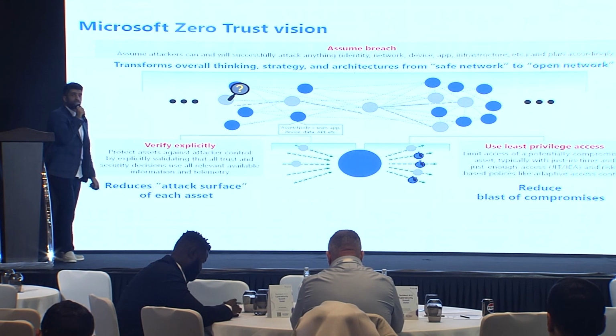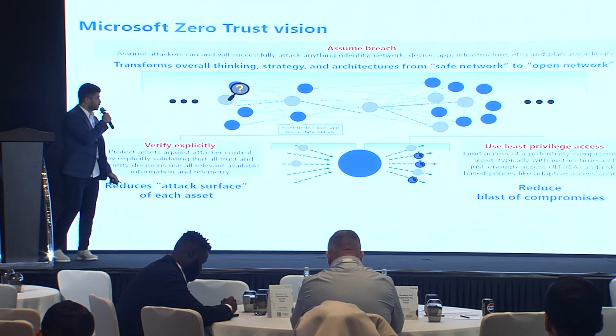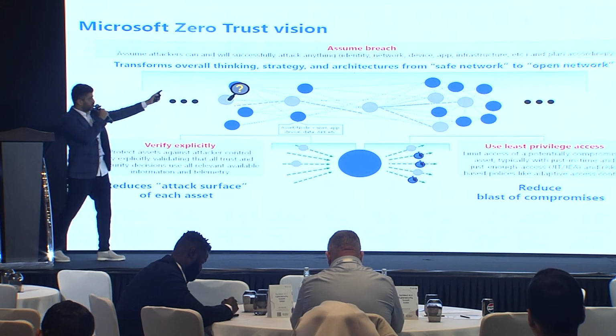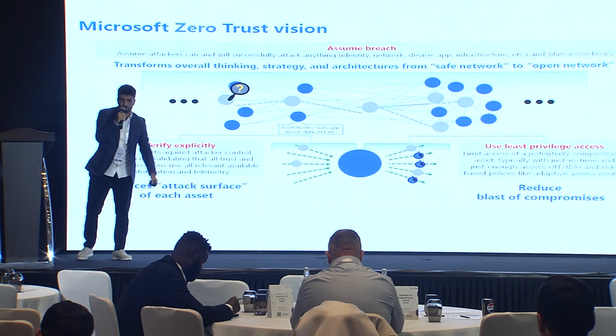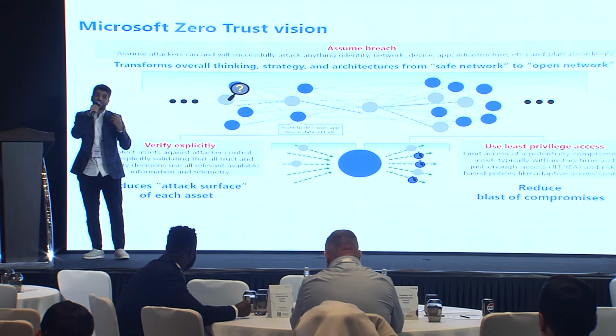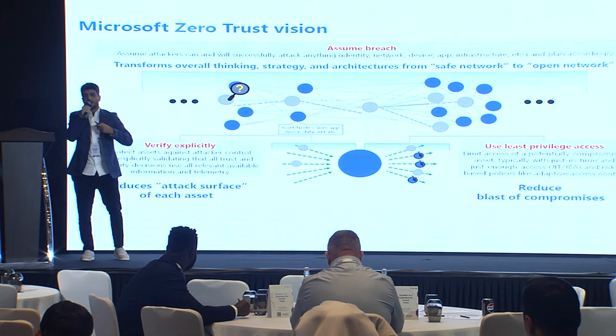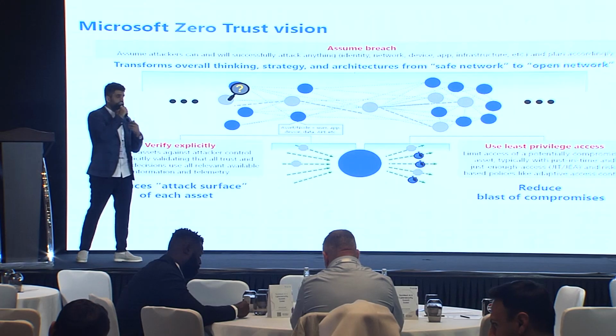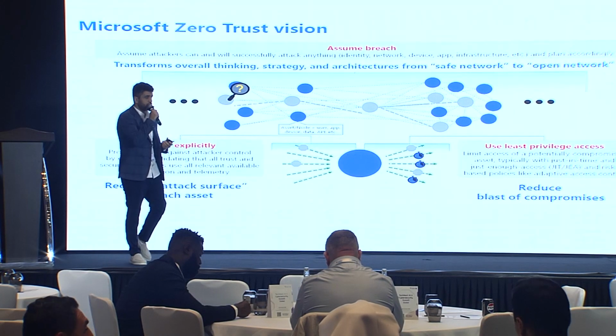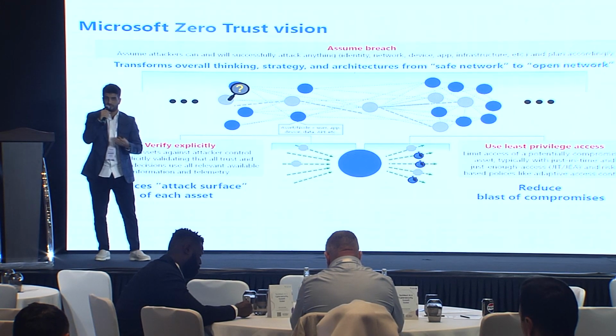Regarding the Microsoft Zero Trust vision, we have here the assume breach, the verify explicitly, and the least privilege. So the least privilege is to do just-in-time access. So I give you a right only for a specific time, like 2 hours, 3 hours, 4 hours, and no permanent assignment. It's very important.